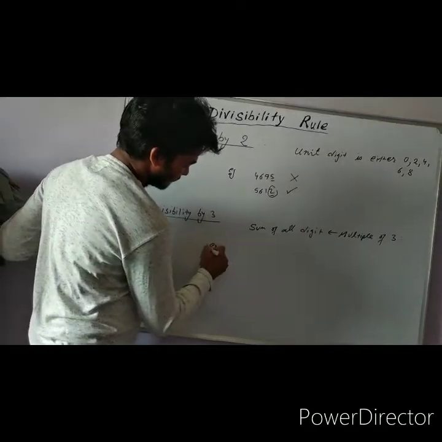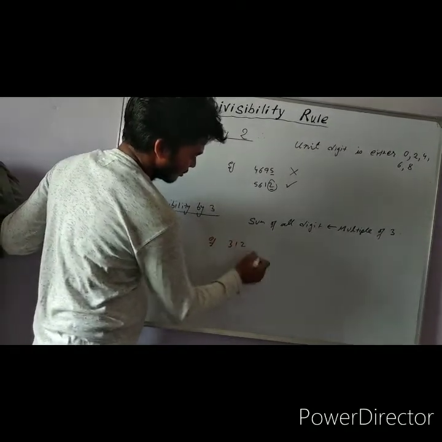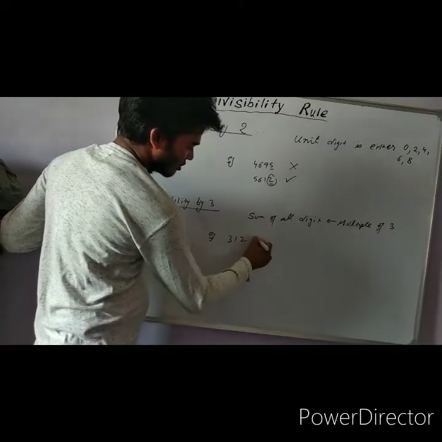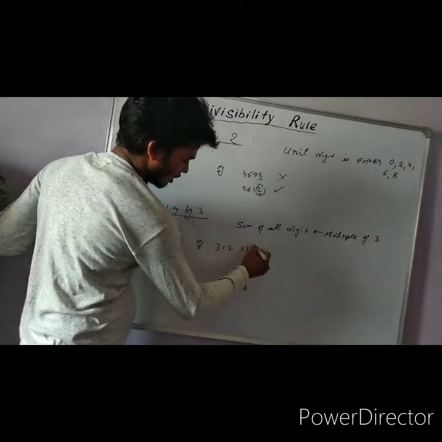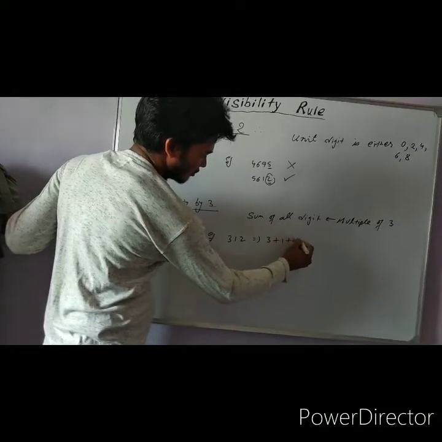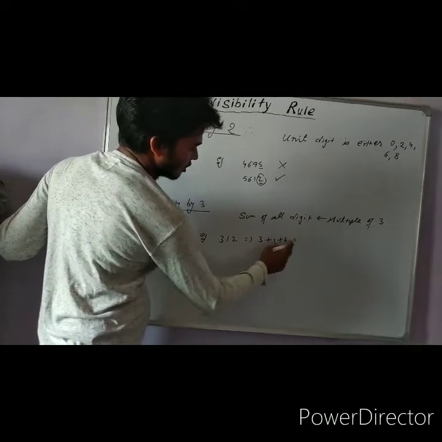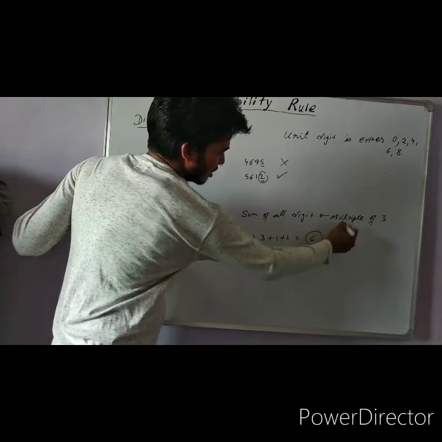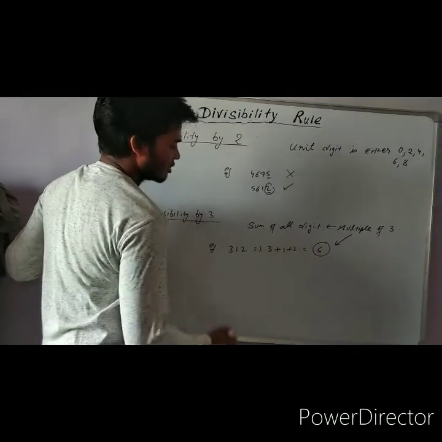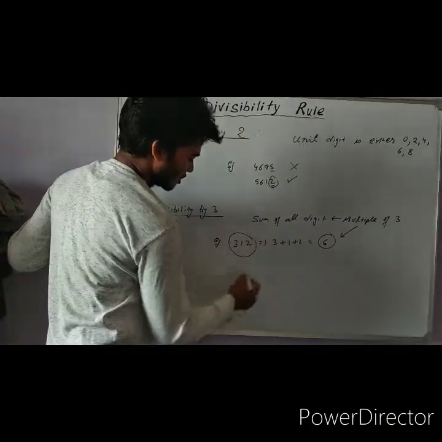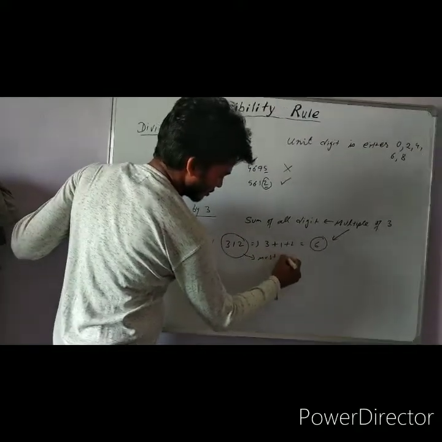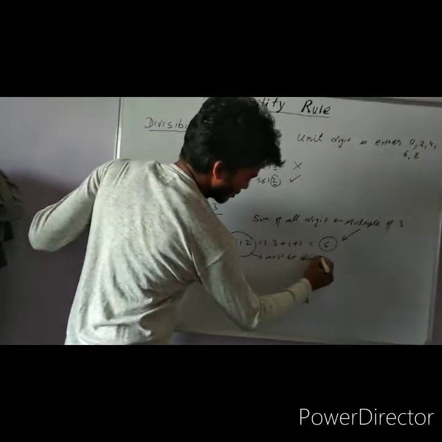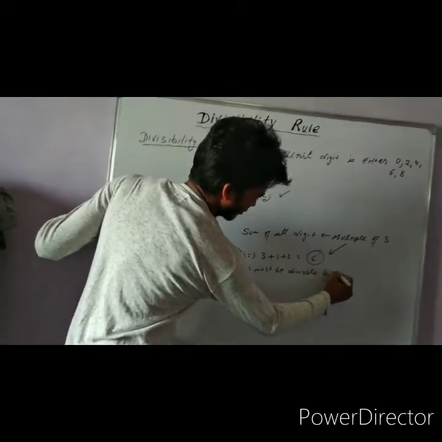For example, 312. First, see all digits 3, 1 and 2. So add all digits, 3 plus 1 plus 2. So 3 plus 1 is 4, 4 plus 2 is 6. 6 is the multiple of 3. So this means 312 must be divisible by 3.